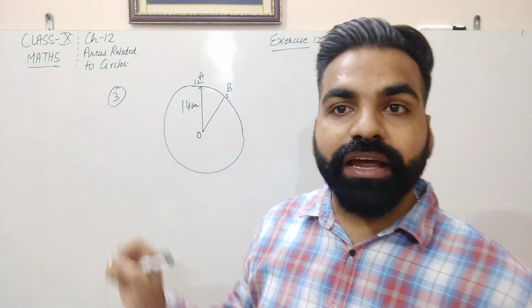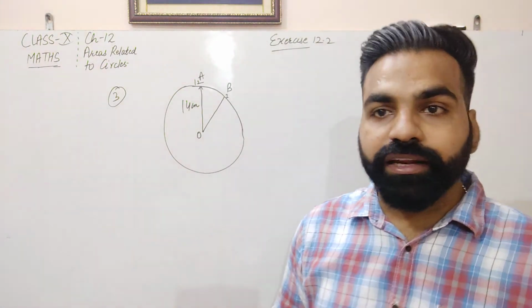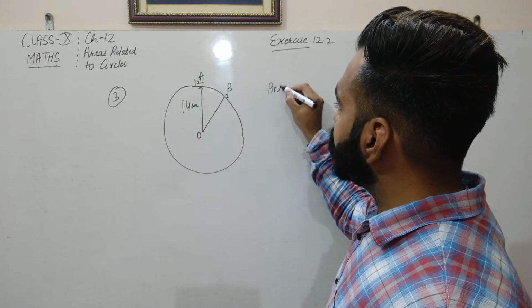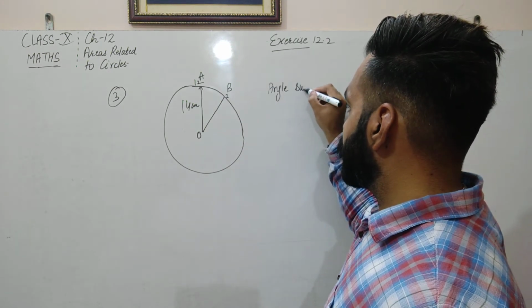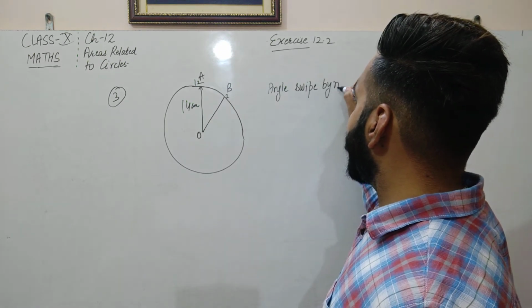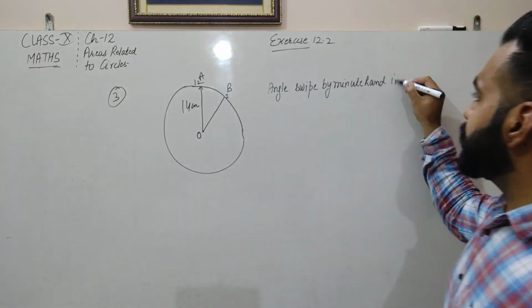Radius we know, we have to find the angle to further calculate the area of the sector. So we can see that angle swipe by minute hand in 60 minutes.